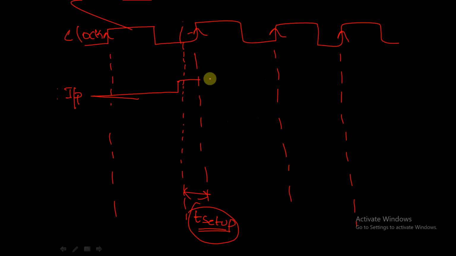So following the sampling event, the input should be constant for a minimum amount of time. After the sampling event also, the input should not change. It must be stable following the sampling event. For how much time should it be stable? That time is called hold time.